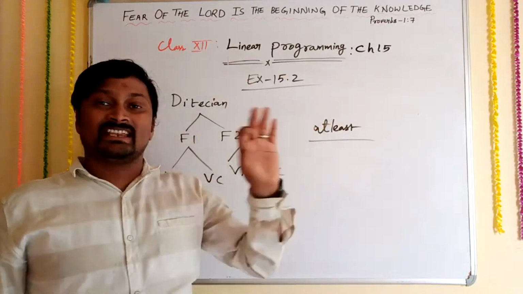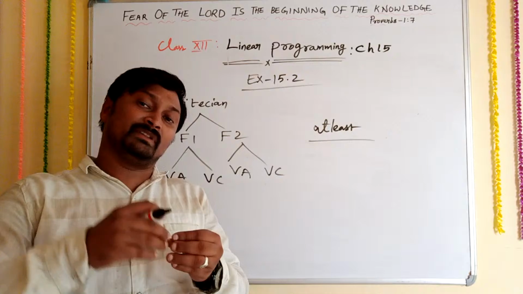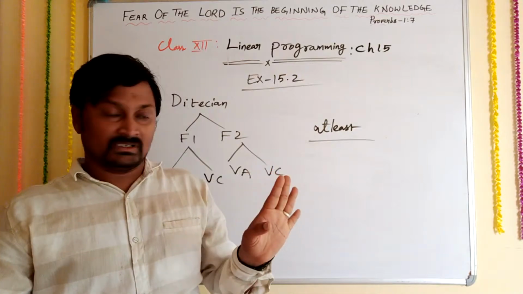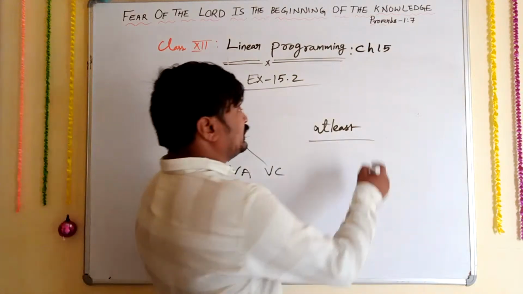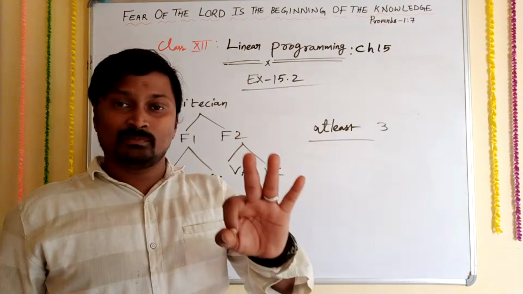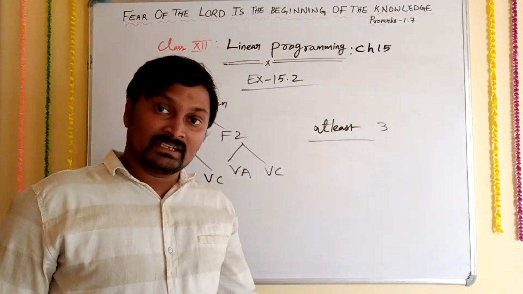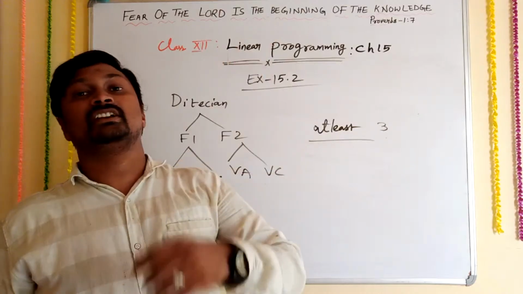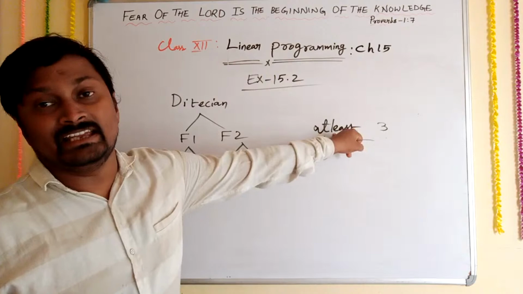At least 3 means 3 is the minimum required and the remainder may be more, but less cannot be. For example, at least 3 members means in that group, 3 members are the minimum required, not less than 3. Greater than 3 is also okay. Clear? So that is the meaning of at least.